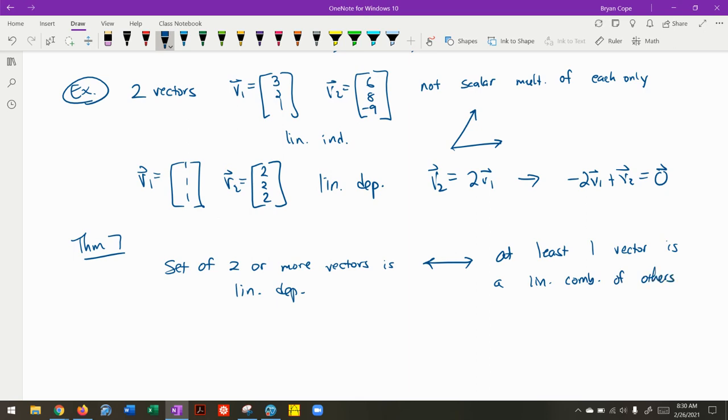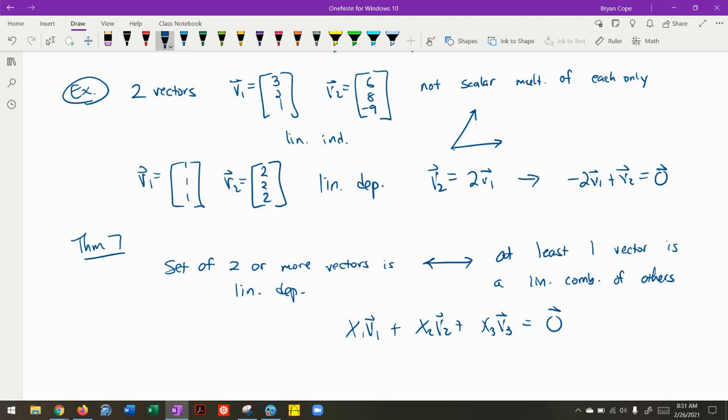It doesn't say that every vector is a linear combination of the others. It just says that one of them has to be. In other words, in the relation x1 v1 + x2 v2 + x3 v3 = 0, one of those vectors has to be able to be solved for. One of those vectors has to have a non-zero constant in front of it.